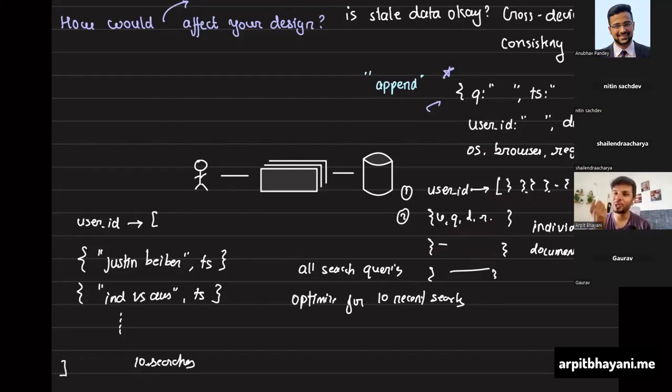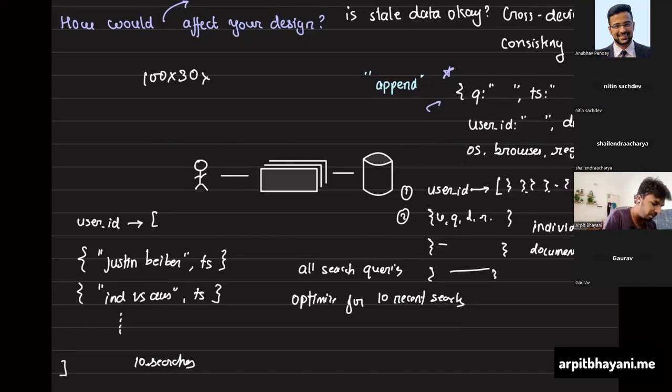Why would you want to keep that? Because this would bloat your single document, won't it? Because now in each entry you have this much data, and you have 10,000 such entries for every user. And I'm being very conservative when I say 10,000. You make at least hundreds of searches on Google every day, right? If I just crunch some numbers, if you make hundreds of searches every day, in a month you would make 100 into 30 searches.